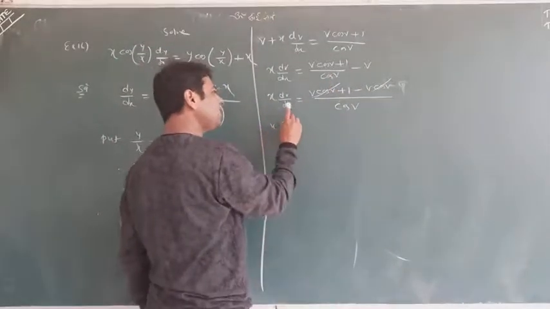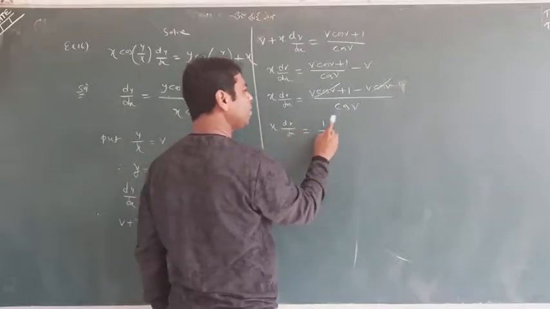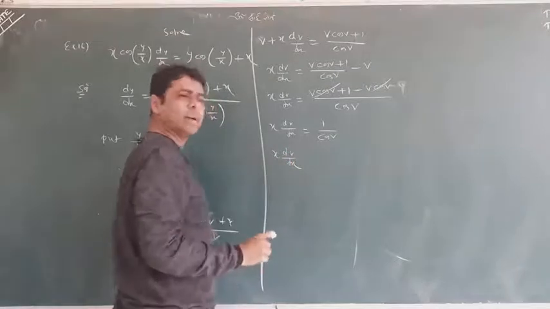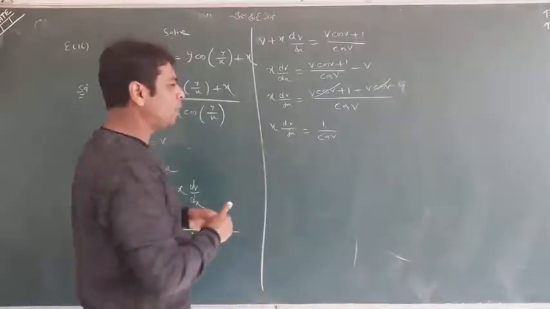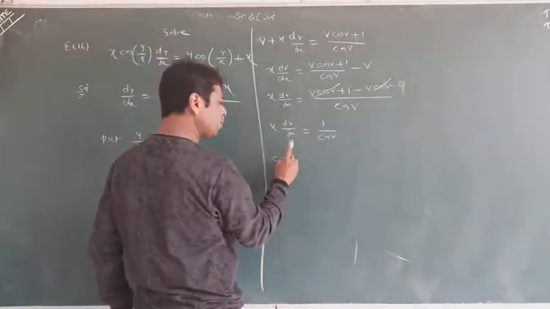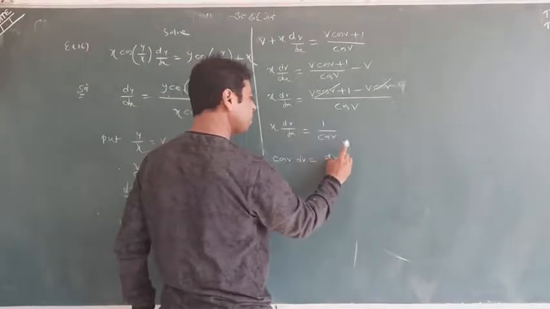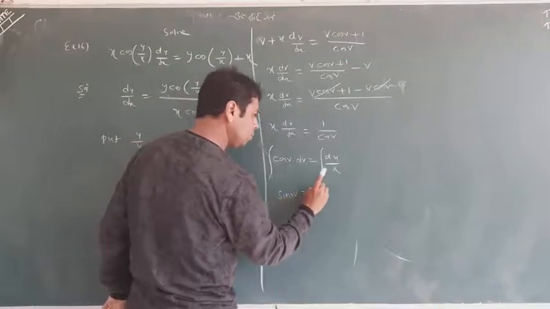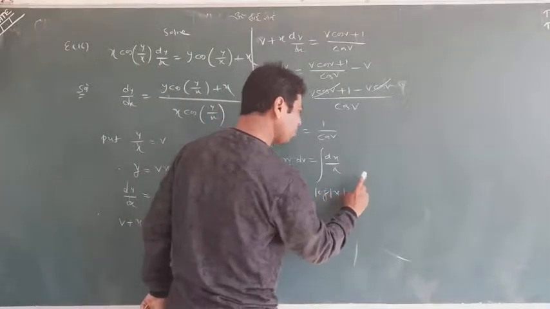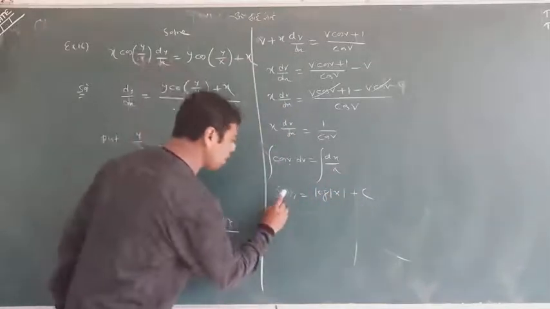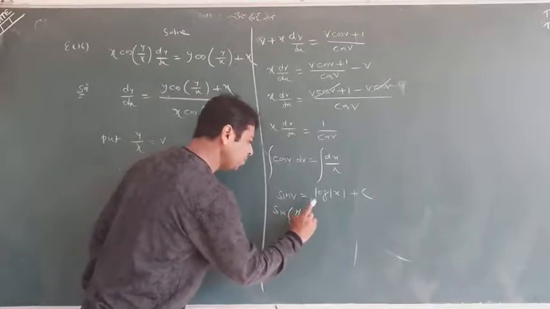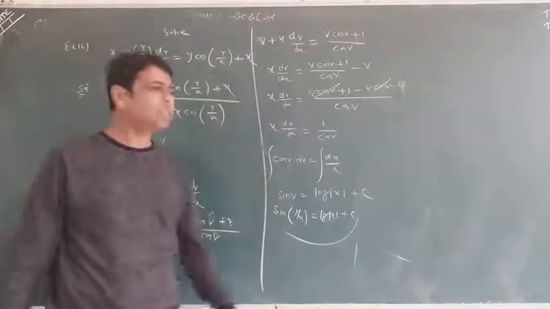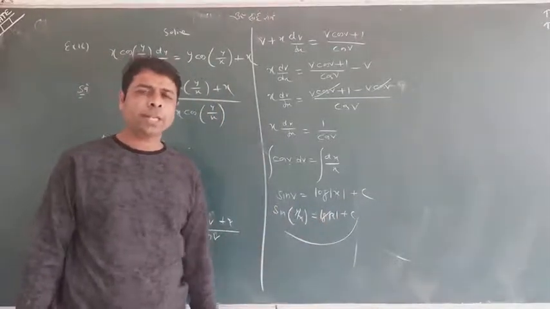So we have x dv/dx = 1/cos v. Now we can do variable separable. Cos v will go that side: cos v dv = dx/x. Integration of cos v is sin v, and this is log x + c. Put v = y/x: sin(y/x) = log x + c. This is the answer.